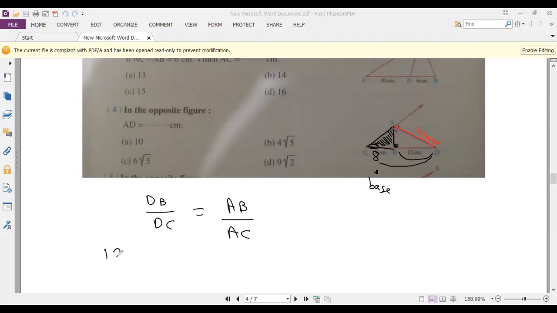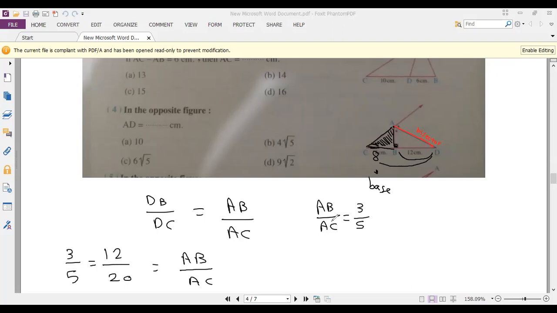So DB is 12, over DC, 20, because it's 12 plus 8, equals AB over AC. I don't know the length of AB or AC, but we can find the ratio between them. 12 over 20, if we simplify it, divided by 4, is 3 over 5. So AB over AC equals 3 over 5.